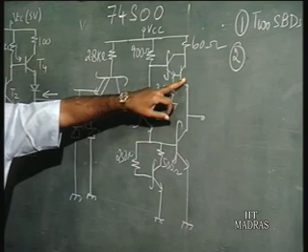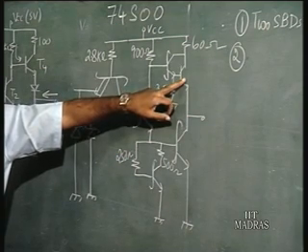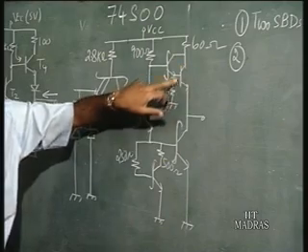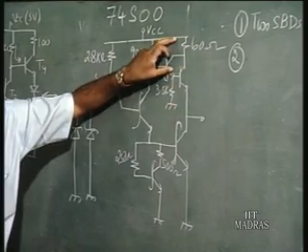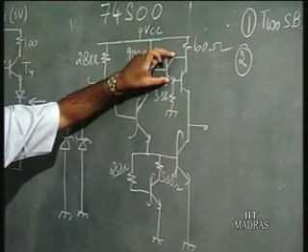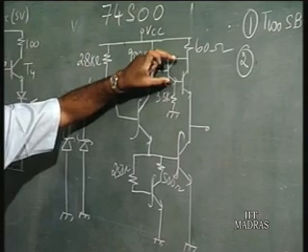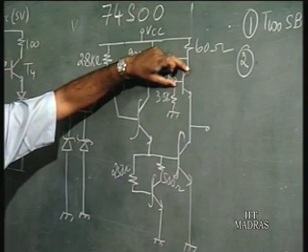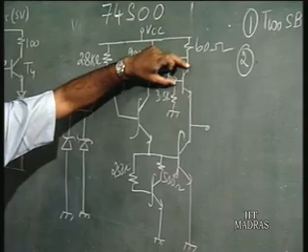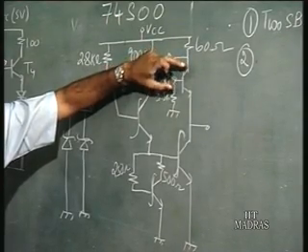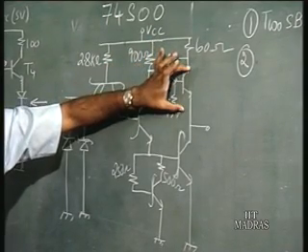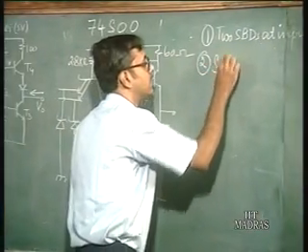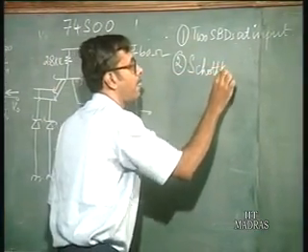This one need not be a Schottky transistor because across its collector-base junction you have this transistor, and since VCE of that transistor is always going to be positive, the collector-to-base junction of this transistor is always going to be positive. So it is always going to be in the active region, so it's not necessary. So Schottky transistors, that is the next modification.